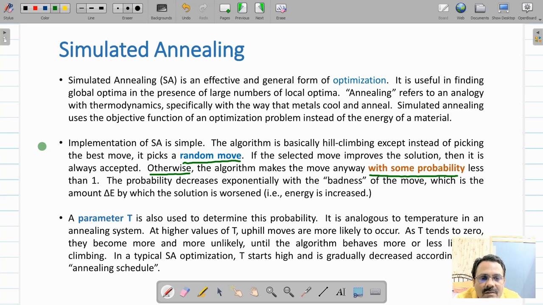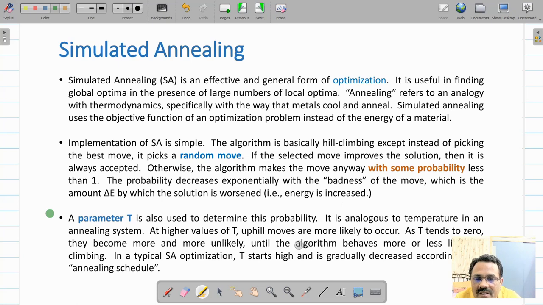So if a move is very bad, the probability will be less, as we have seen in the formula P is equal to e raised to minus delta E by T, where delta E is the change in energy and T is the temperature. Therefore, if energy increases by a very high amount, the probability of that state being selected will be less. You will find this parameter T is very important because it controls the execution of the algorithm.